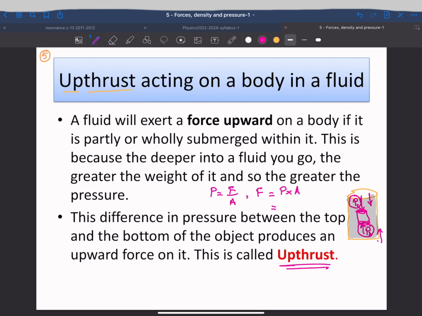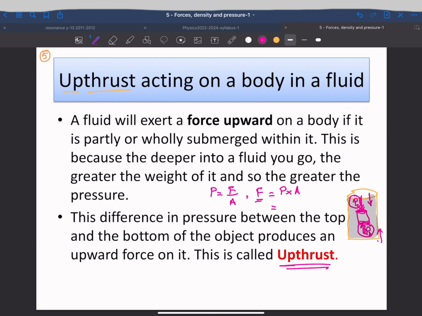This is very important. In any fluid you will have the difference of upward forces and downward forces. As I said, the pressure is also important, but ultimately you have to talk in terms of forces, because the force is the resultant force, and force is a vector quantity.